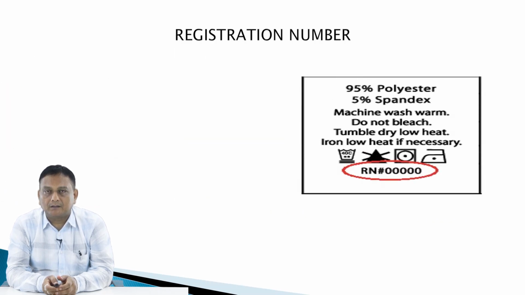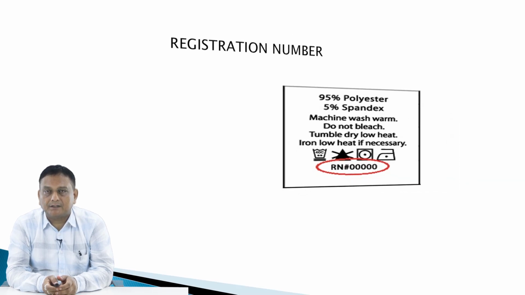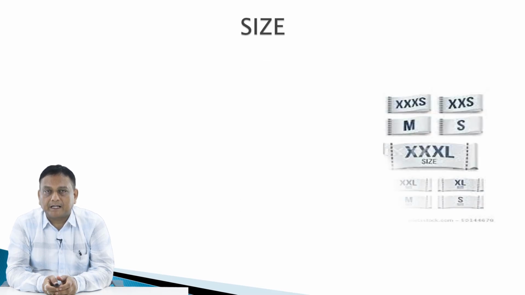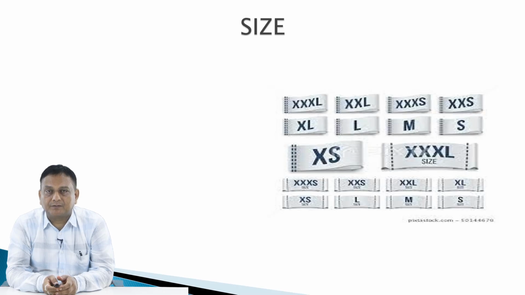Now after these care labeling issues, the registration number has to be seen, like the fiber content, then the care instruction, and then the registration number of that particular consignment. That is to be verified, and it should also match the specifications. Size of the particular garment is very important.